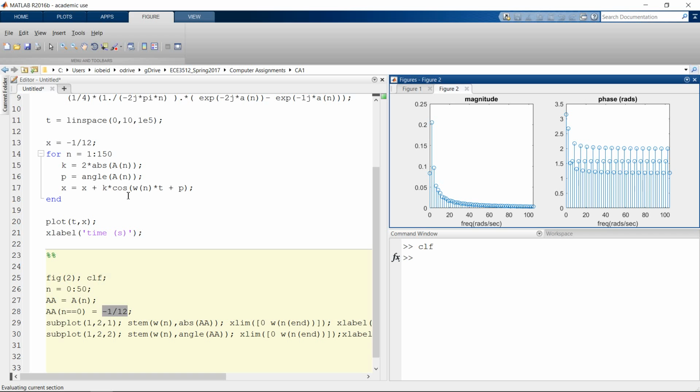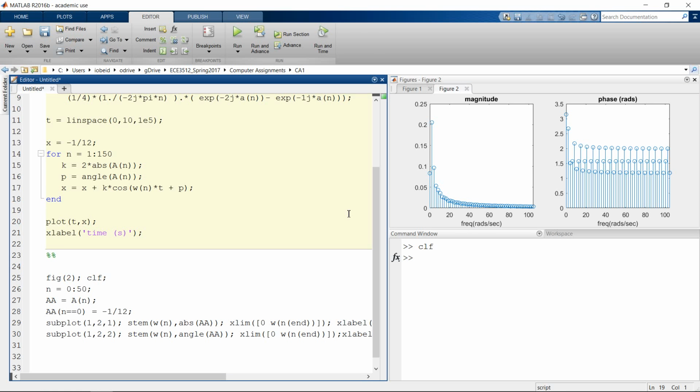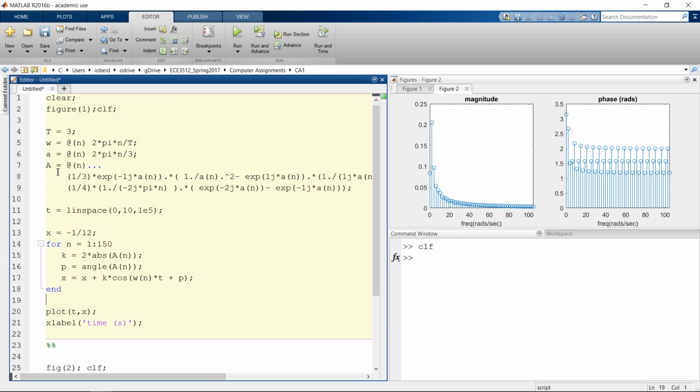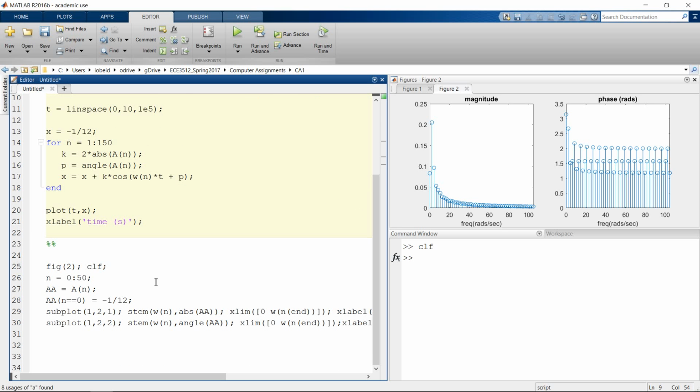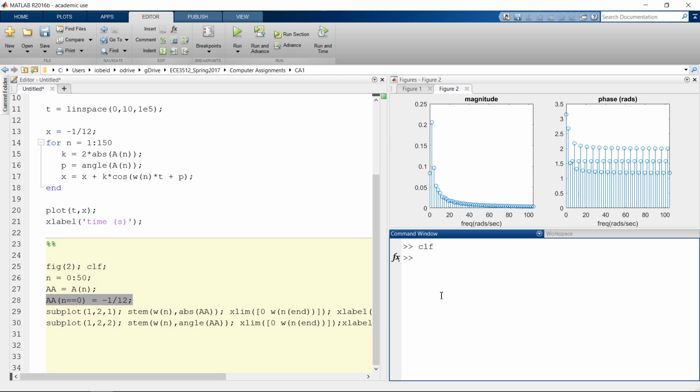And I'm going to plot my frequencies. And here you go. This is the frequency response. Okay, this is essentially me just plotting A, with the only nuance being that I had to do a special case for the n equals 0 term. So here you can see the n equals 0 term with its amplitude of 1/12, right? 1/12 has a value of about 0.08, and that's right there.